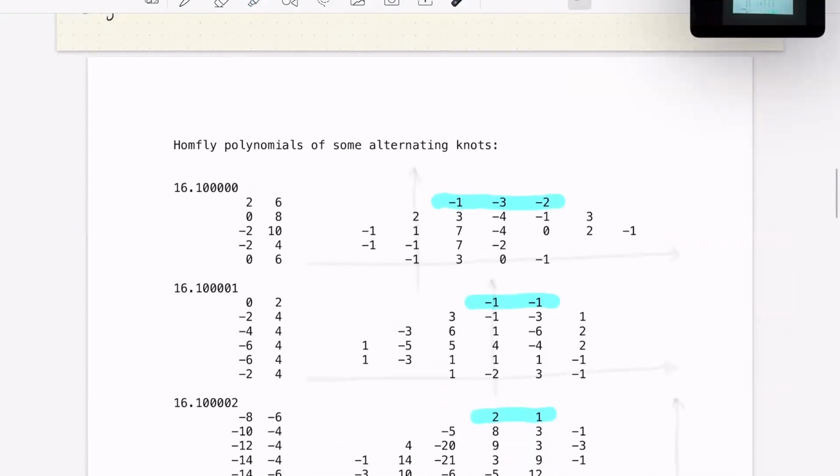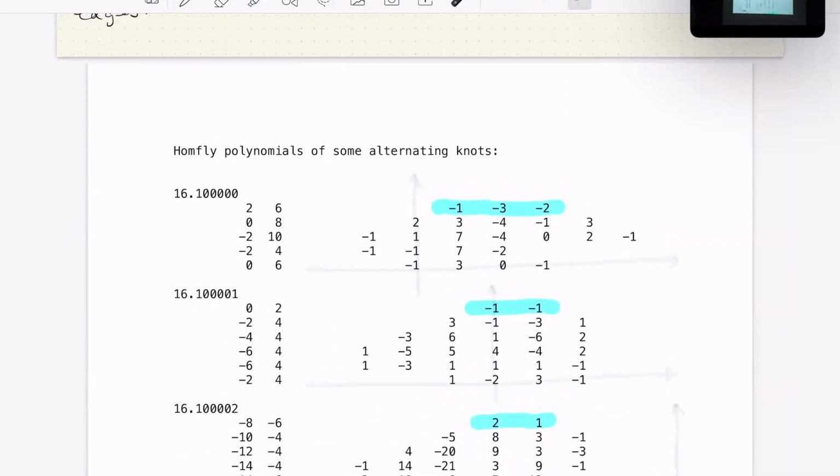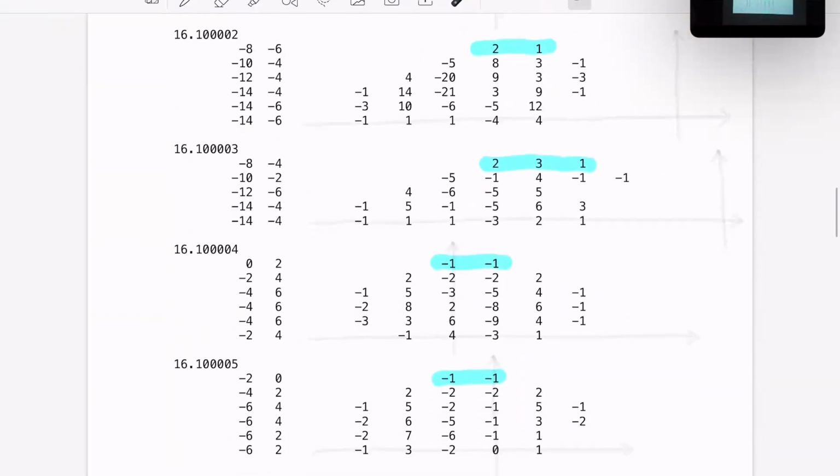These are some pretty randomly selected 16 crossing alternating knots. I just looked it up on the web. There are tabulations of knots, of course. These are fairly typical in that the top is very short, and then it kind of widens on both sides, right? And then there's a big array of coefficients. So, you know, just for us to get a feel of what this polynomial is doing.